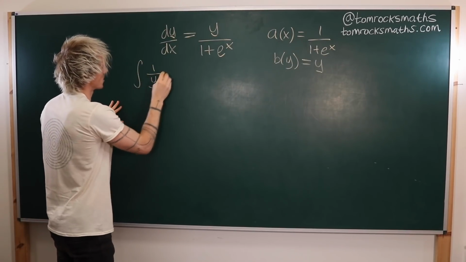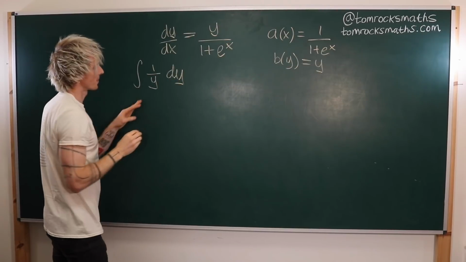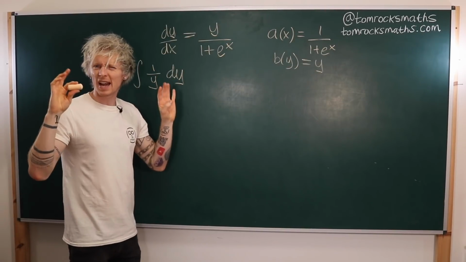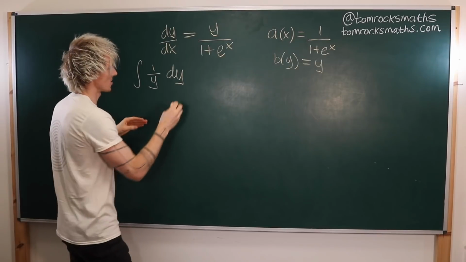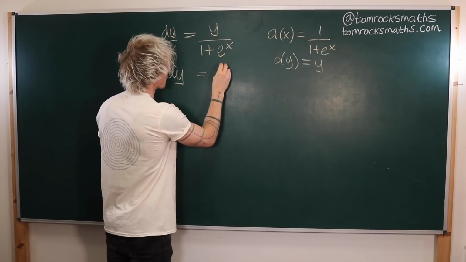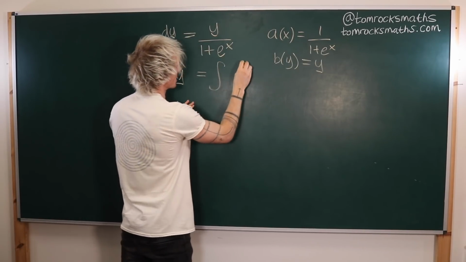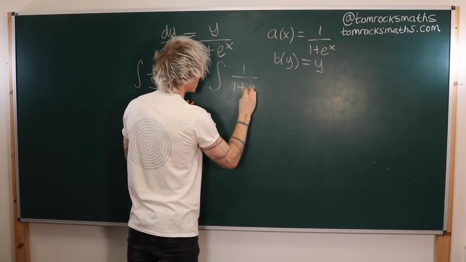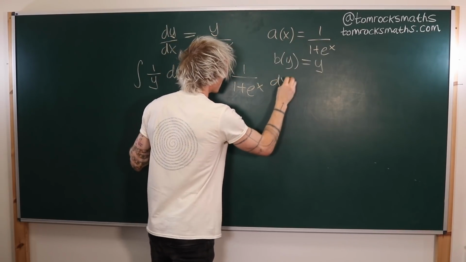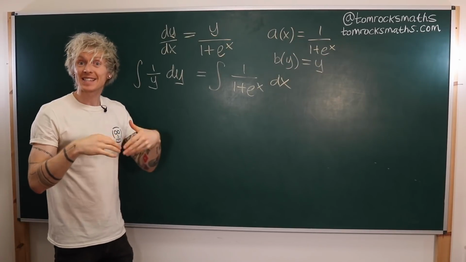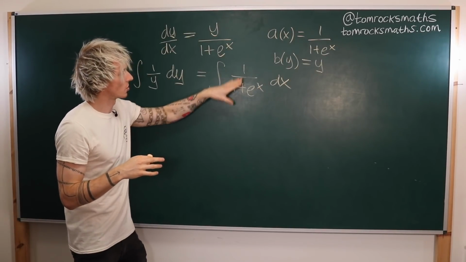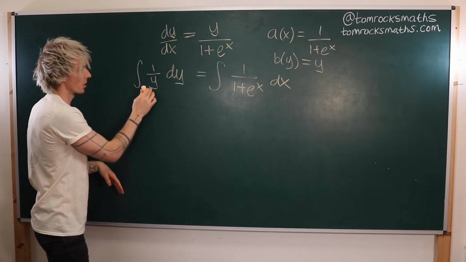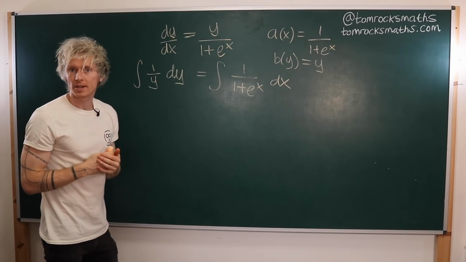Then I'm going to have my integral dy, and I'm going to multiply up by the dx, or integrate both sides, I should say, with respect to x. And what we get over here then is 1 over 1 plus e to the x dx. You'll see this is the same as that general form that we discussed, because this is the integral of a of x, and this is 1 over b of y integrated.